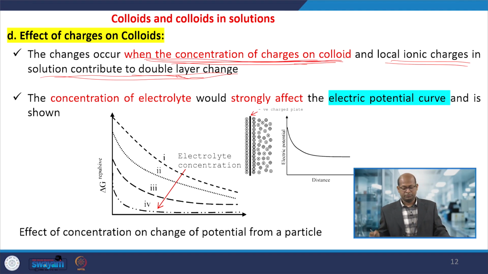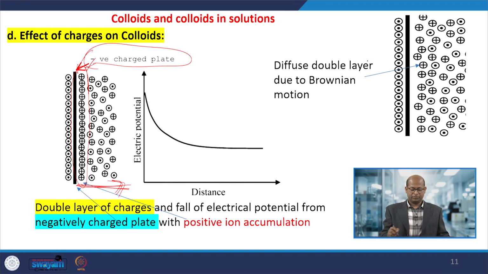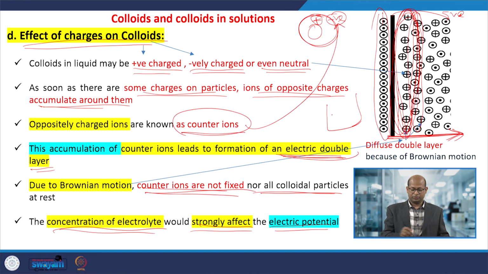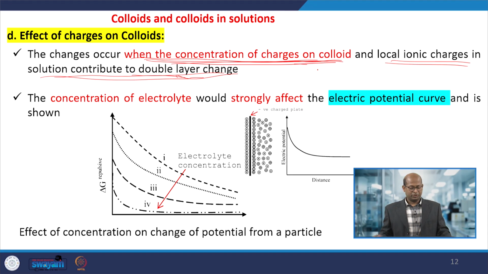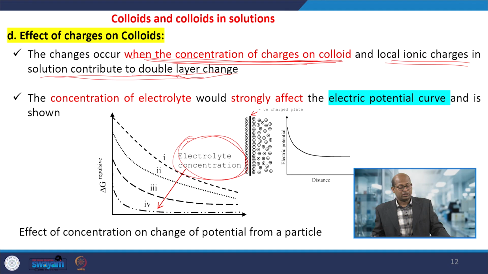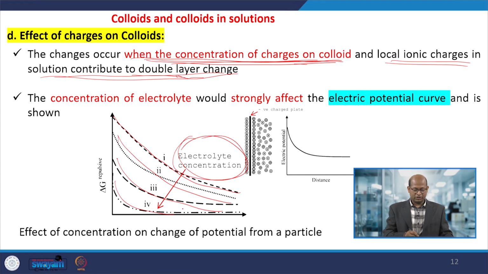There are positive charged particles or ionic layer formations, positively or negatively charged or even neutral, depending on the concentration of that electrolyte. If we use dilute or concentrated electrolytes, that also would affect the charges of the colloid particles. If we move from concentrated to gradually dilute, then the electric potential will also decrease.